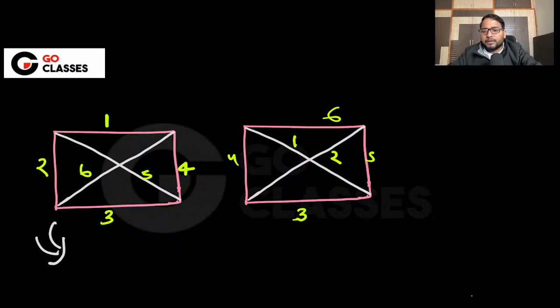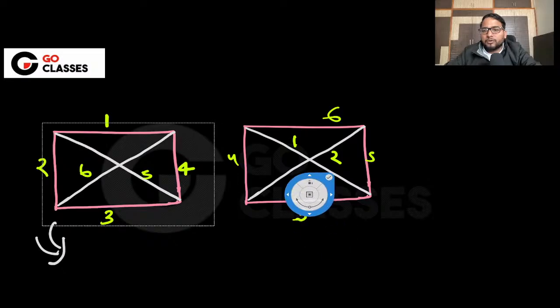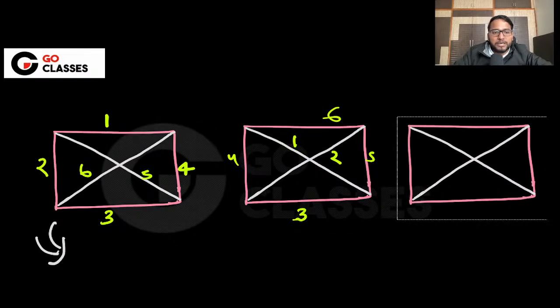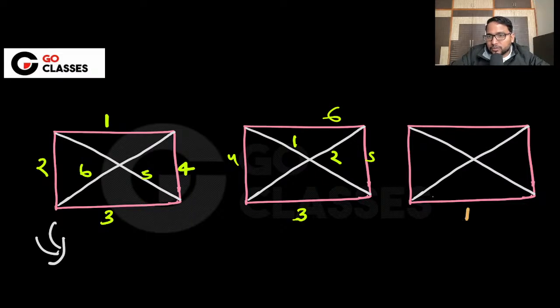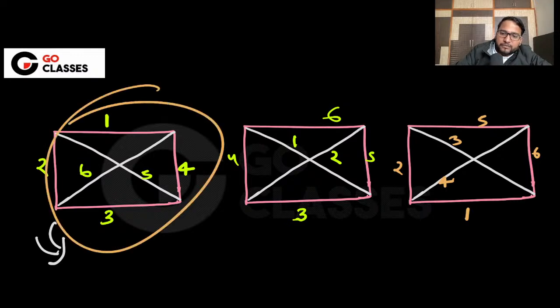Okay, maybe I can have one more example to differentiate the thing. So let's suppose this is 1, this is 2, this is 3, this is 4, this is 5, this is 6. The minimum spanning tree here will have just 3 edges, by the way, right?